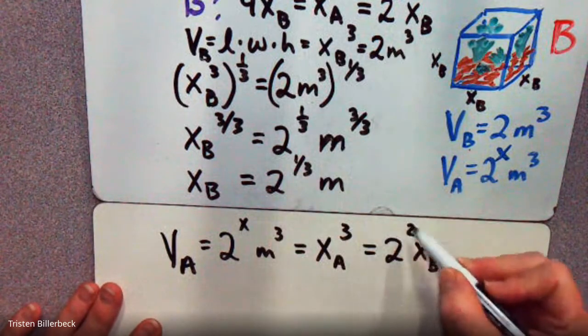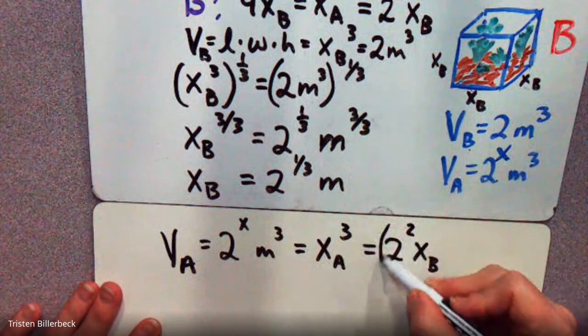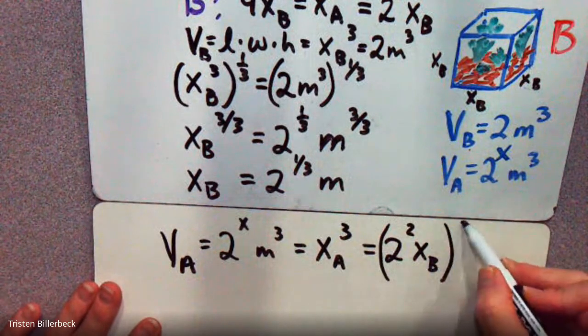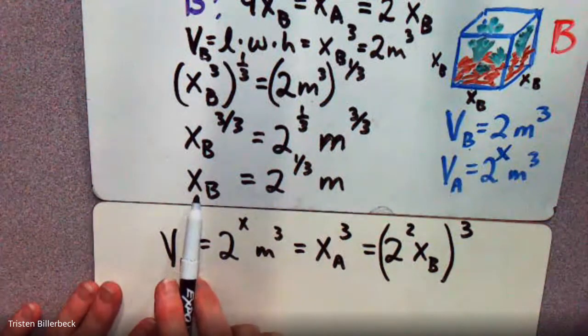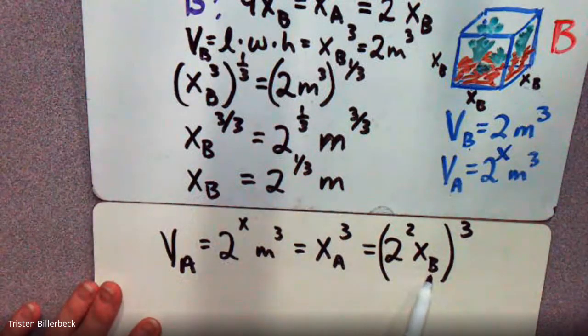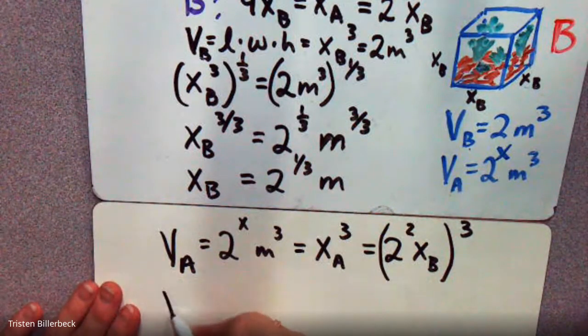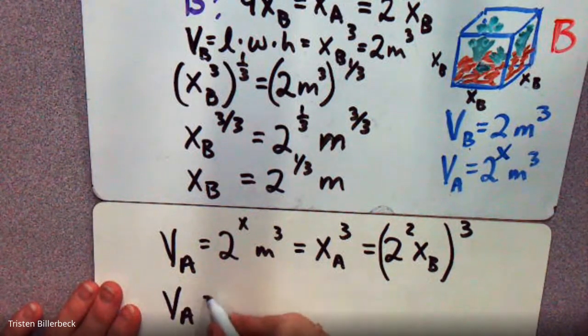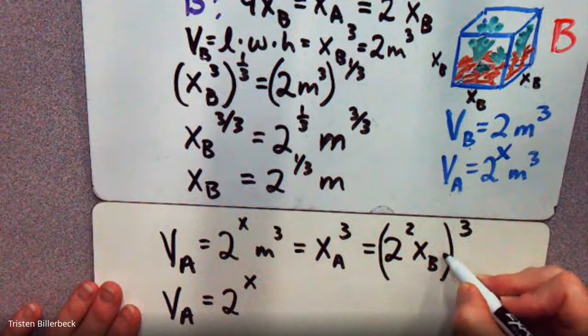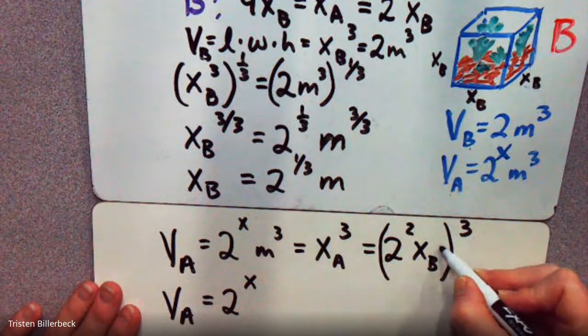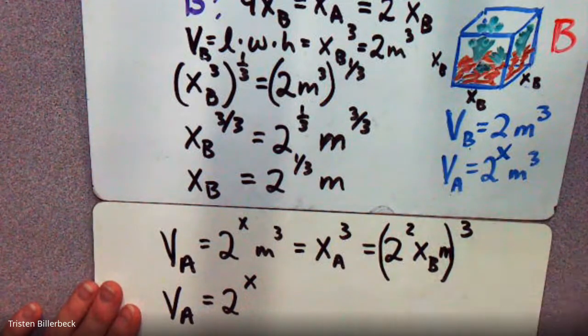Okay, so now we have that side x^a, but we're going to cube this. But wait, we also know x^b, so we can substitute x^b in here and then cube it. So we have volume A equals 2 to the x meters cubed, and this is in meters. Right here, I'm going to put meters there.